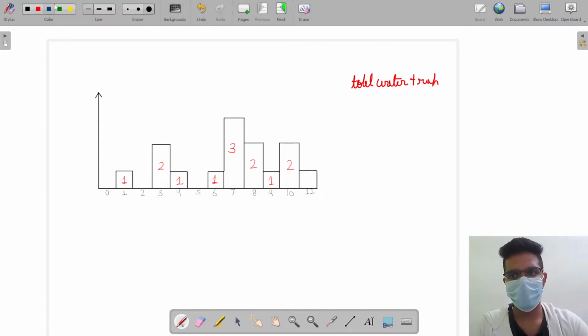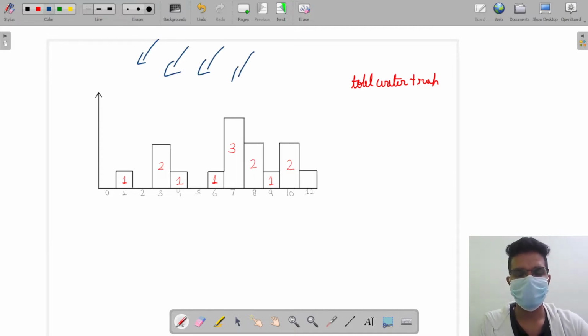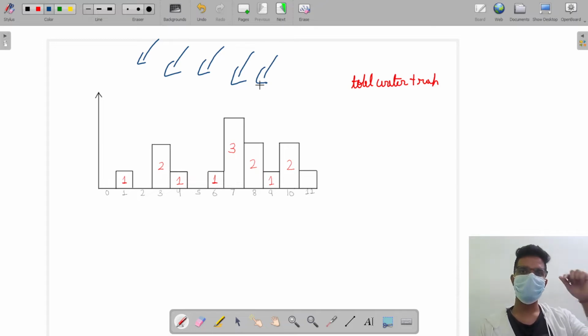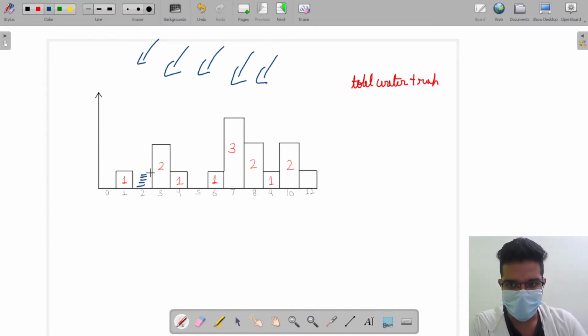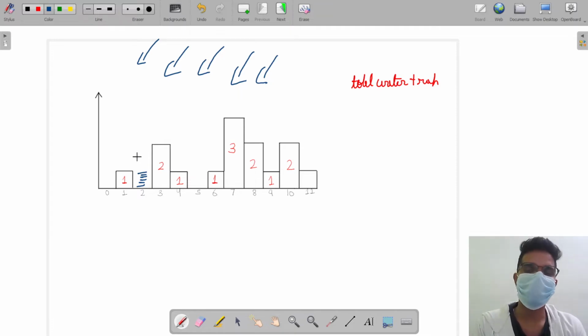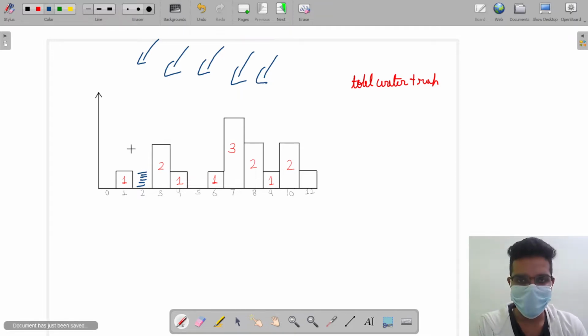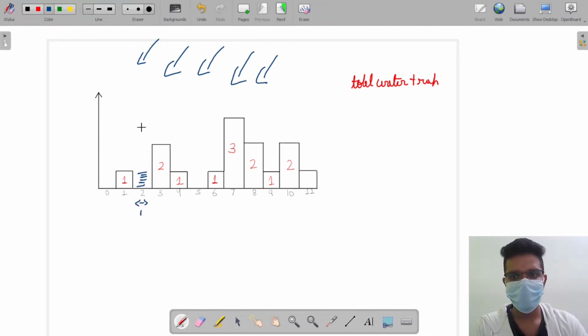Now rain will happen, and after rain, water will get trapped. Let's see where water will get trapped. Here water will get trapped, and as we are given in the input that this is one width, we can say 1 unit of water will get trapped.